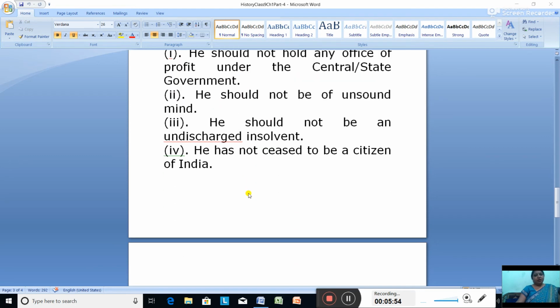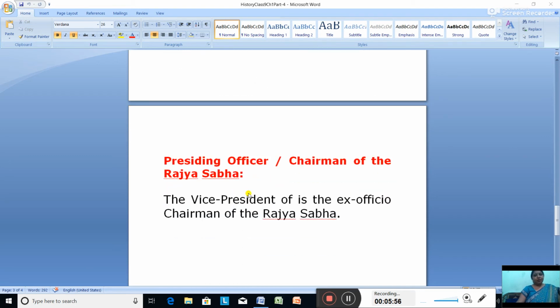Next, you have the presiding officer or the chairman of the Rajya Sabha. Who is the presiding officer of the Rajya Sabha, or who is the chairman of the Rajya Sabha?